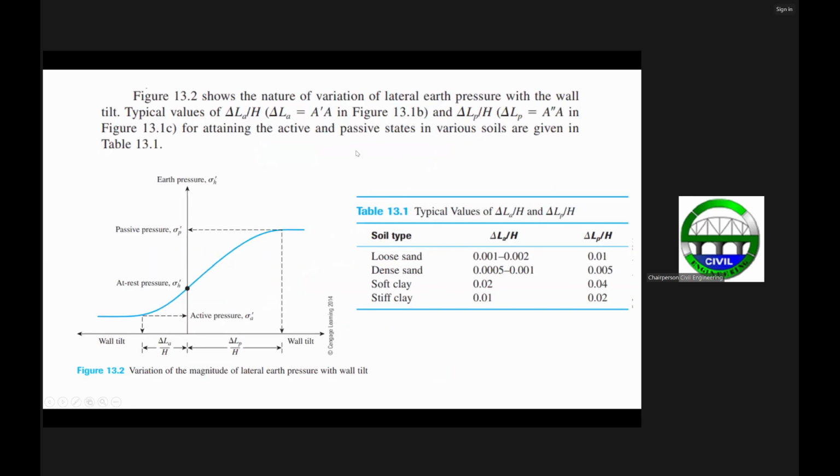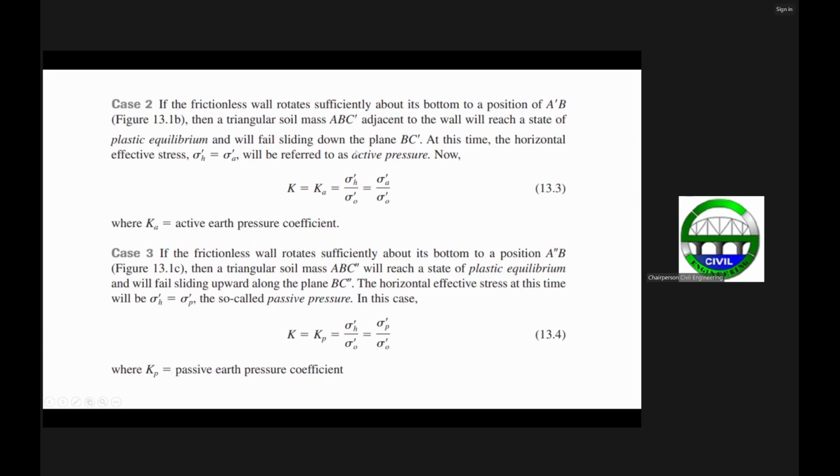So in that case, the horizontal effective stress sigma sub H prime will now be equal to sigma sub P prime, which we can now call the passive earth pressure.